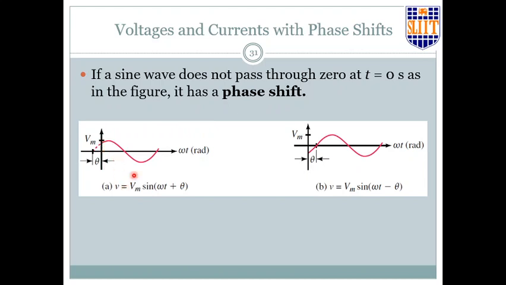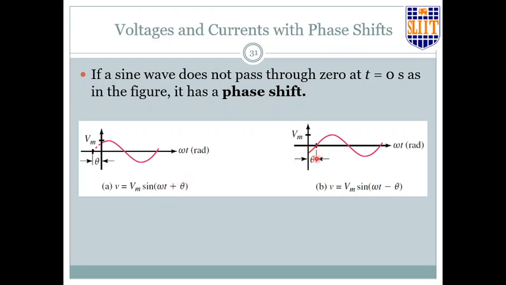So phase shift is, let's say in this one, there was a source that was starting at 0, but this was before that, it was crossing 0, so therefore that angle is plus t. This is referred to as the phase shift. This has a positive phase shift.